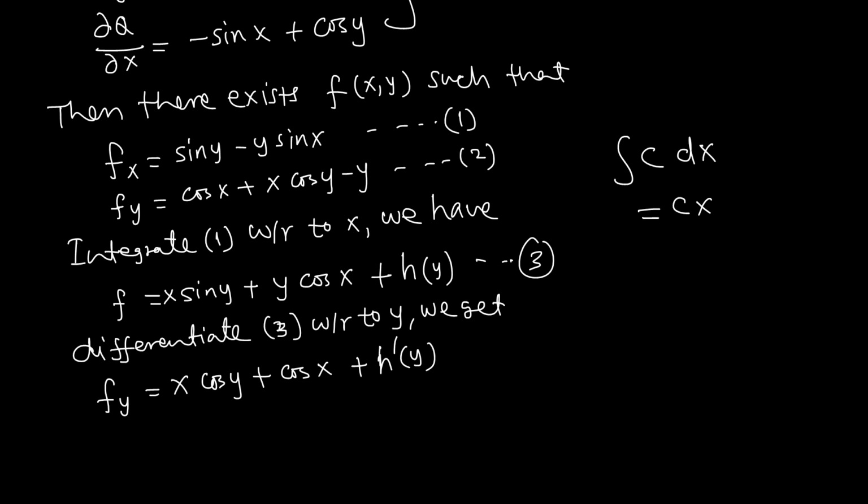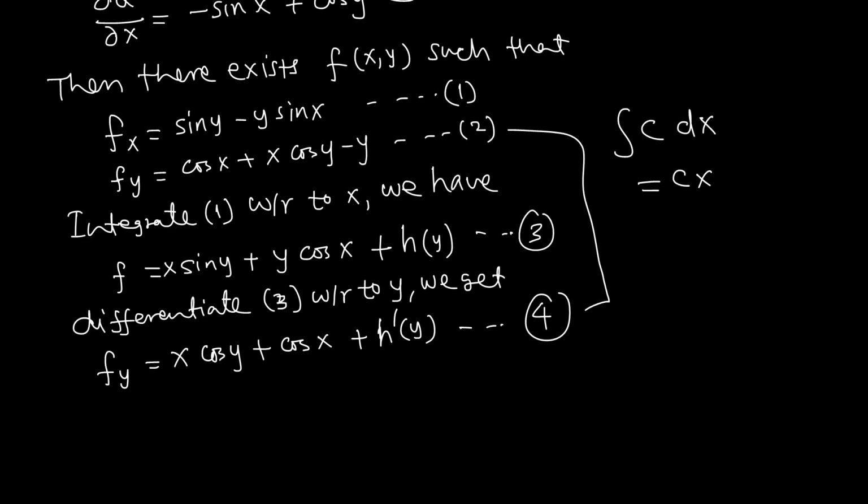When we have only one variable, the partial derivative is the same as the regular derivative. Equation 4. Now compare 2 and 4. Cosine x is the same, x cosine y is the same. That means negative y should be equal to h prime of y.